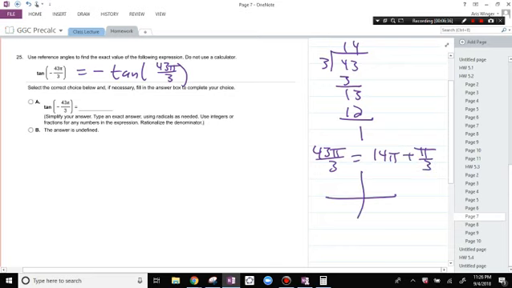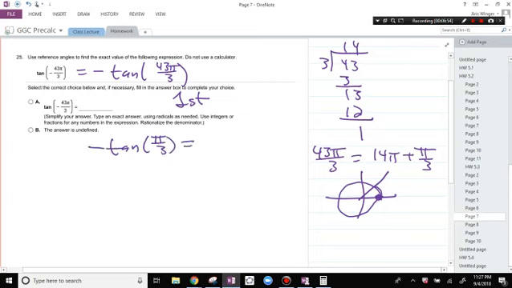Go around the circle 14 times. 2, 4, 6, 8, 10, 12, 14 pi, and another pi over 3. That takes us to the 1st quadrant. So this is really just minus the tangent of pi over 3.